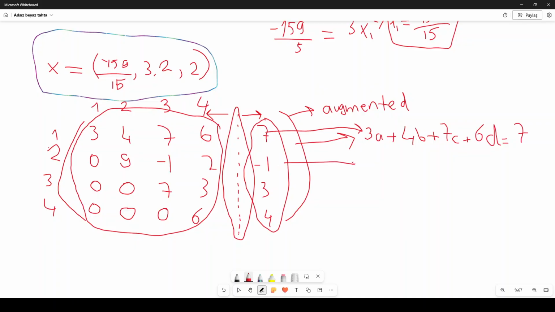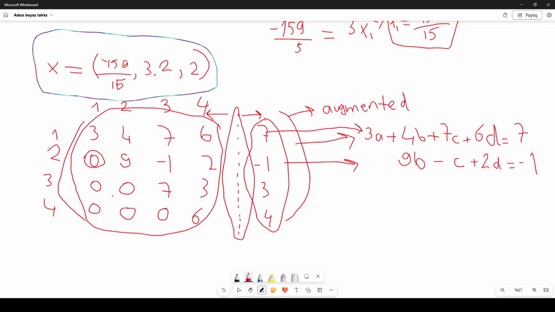And how about the second row? You see, the coefficient of the first unknown variable is 0, so there is no value, so 9b, and make sure you write the equation correctly, minus c, because we have minus 1, and 2d is equal to minus 1.